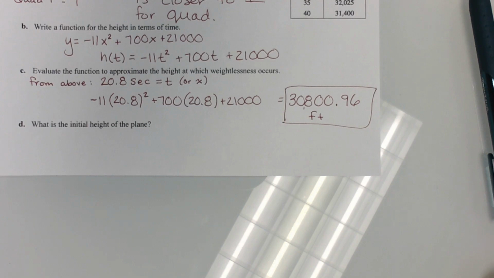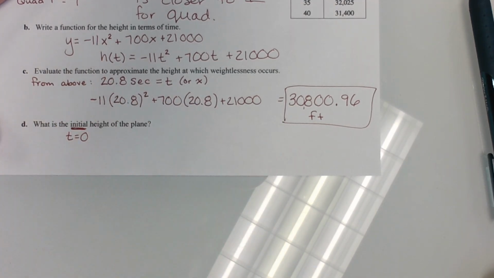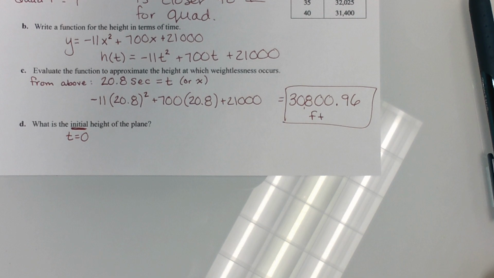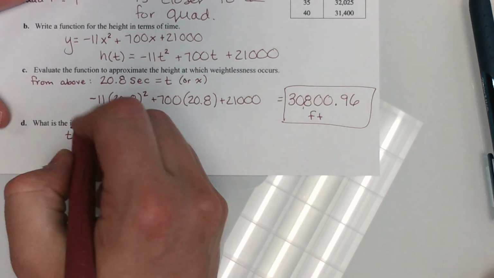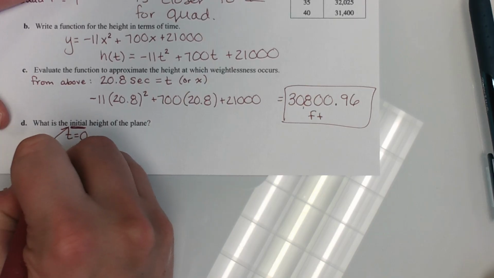When you do something initially, you do it at the start. Time-wise, when is the start? 0. Initial means time is equal to 0. Your initial height, your initial anything is also known as the y-intercept.